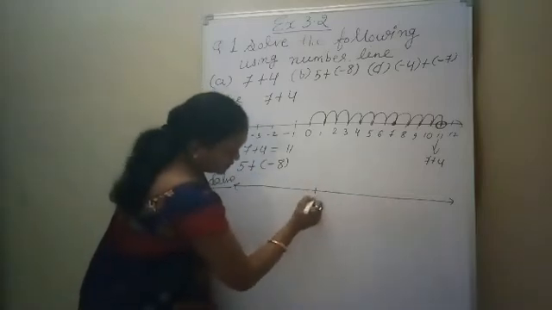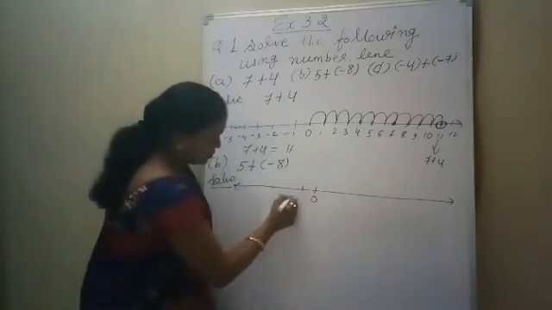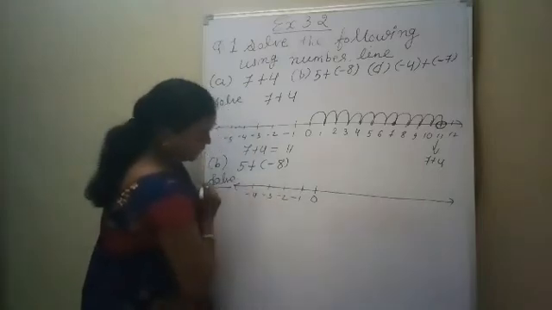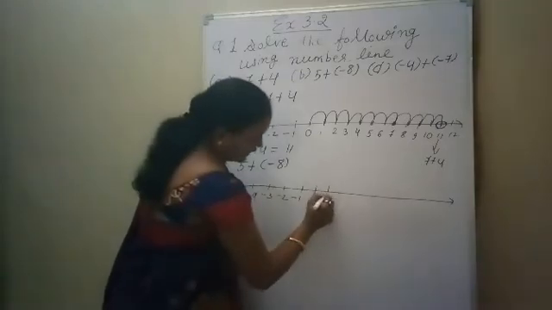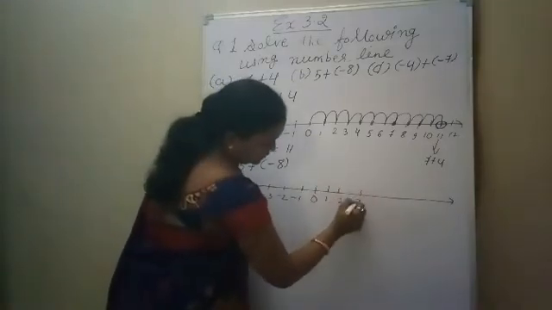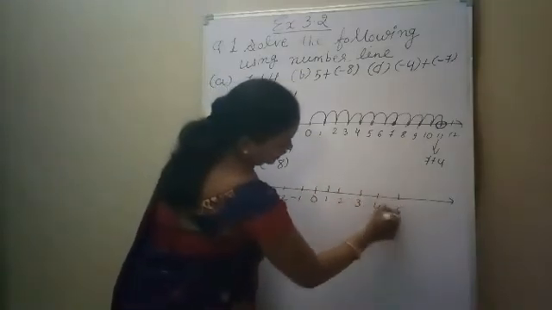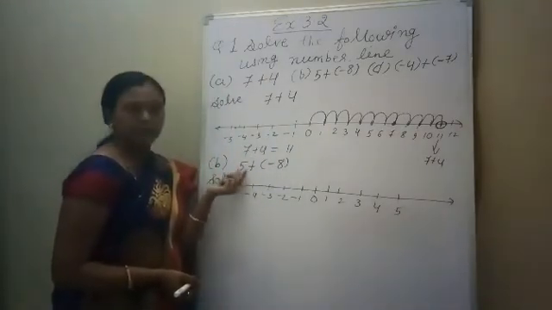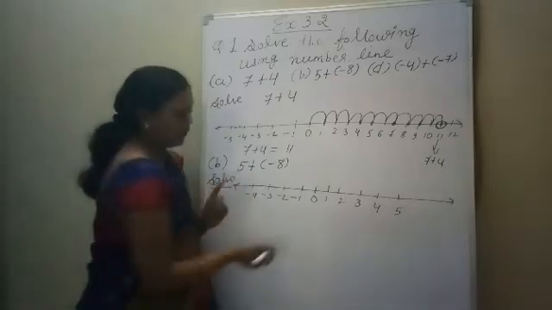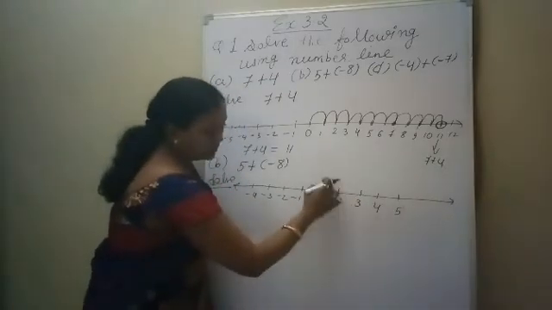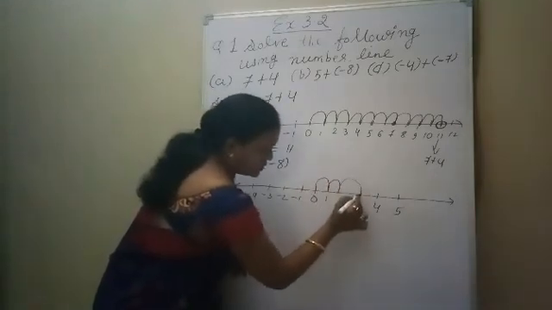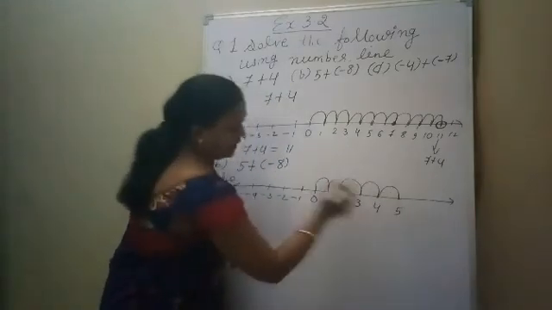So the same process applies: 0, minus 1, minus 2, minus 3, minus 4 on the left, and on the right side 1, 2, 3, 4, 5. See the first one, which number is there? It is plus 5. So move to the right side of 0. How many? 1, 2, 3, 4, 5.